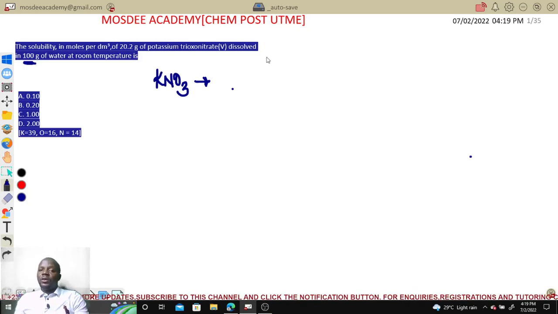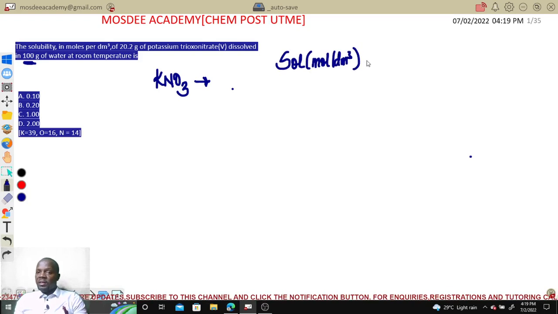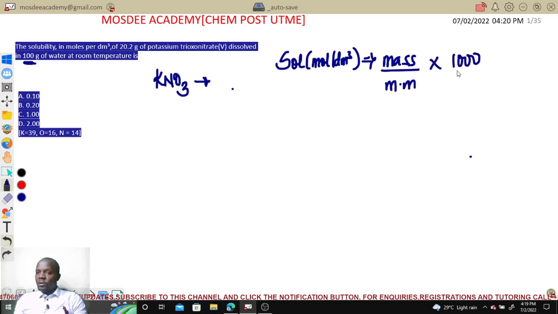Basically, solubility in moles per dm cube in junior class is given as solubility in moles. There are different ways you can solve questions like this, but I always believe using the formula is good: mass over the molar mass, multiplied by 1,000 of the solvent divided by the volume of solvent. I hope this is explicit enough.